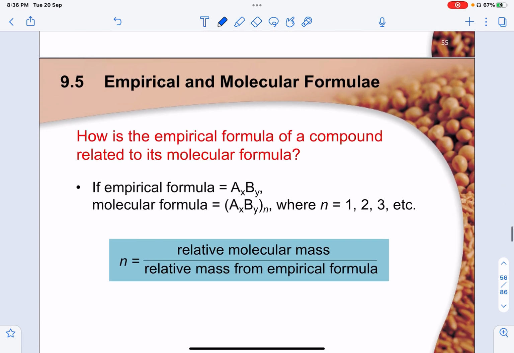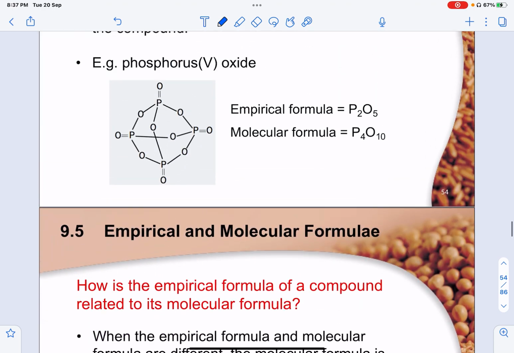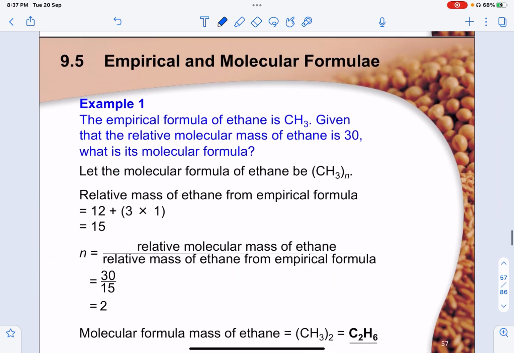After that, you divide the total Mr of the molecular formula by it to find n, which is the factor. This n is what you want to find. Based on this n, you then multiply it by the subscripts of the empirical formula to get the molecular formula.